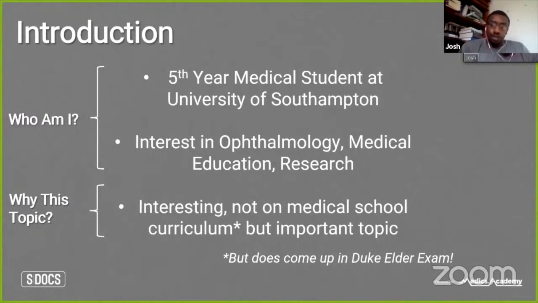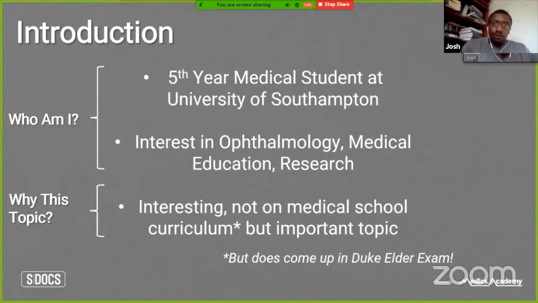If you don't know what the Duke Elder exam is, do see my previous videos, and I talk about it in the introduction sections for those videos. But basically, it's just an exam that medical students in the UK can do who are interested in ophthalmology and want to get basically just points on their interview, for their CV and for interview points for specialty.